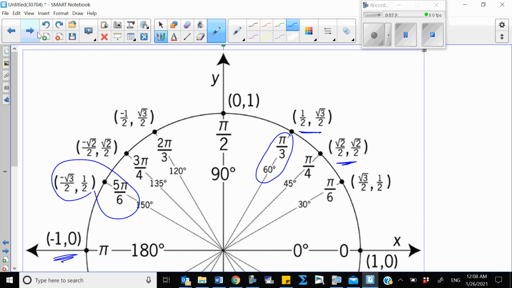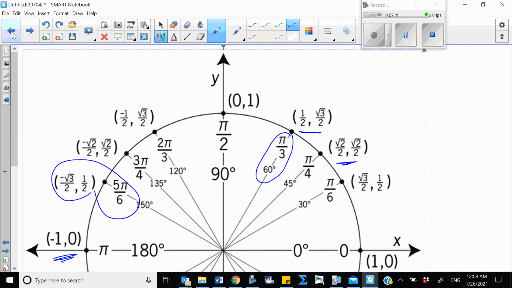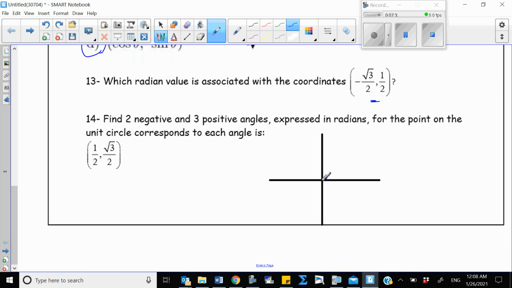That's pi/3. So the angle is, oh, I'm sorry, it's back here. So the angle is pi/3. That's the original angle that the point which is on the terminal side corresponds with these values.